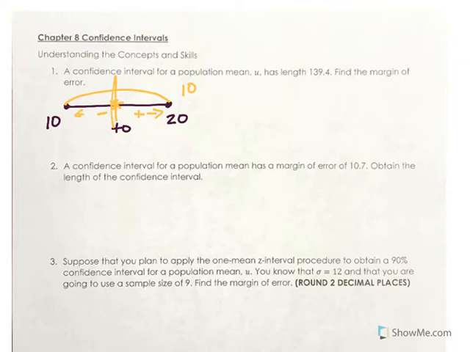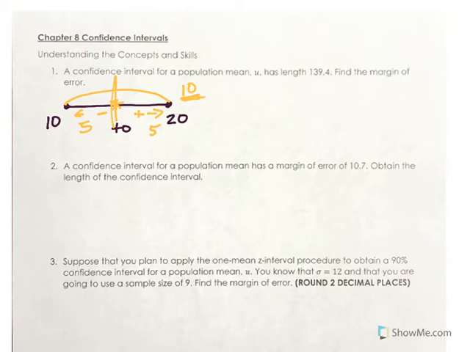So that means that if I give you the length, then the margin of error has to be half of it. That should make sense. For this particular one, my error should be 5 numbers. I should be going 5 numbers to get to 20 and 5 numbers to get to 10. That's based upon the fact that from 10 to 20, the entire length, the distance of it is 10 numbers.